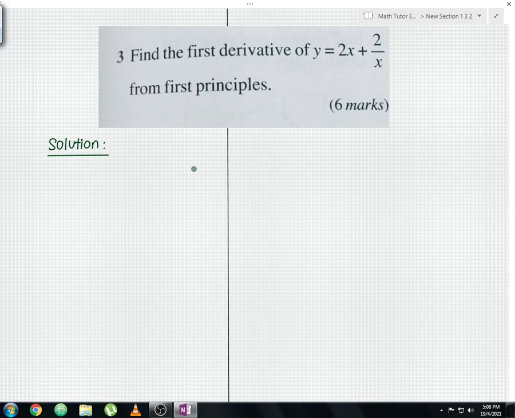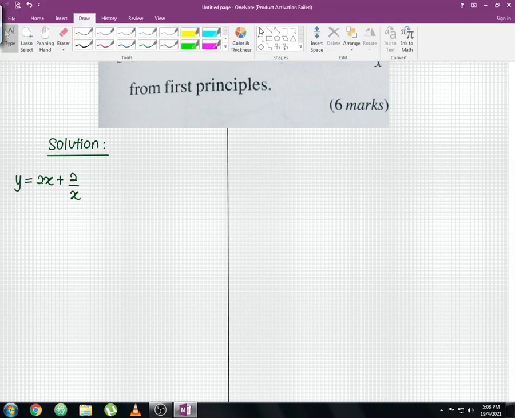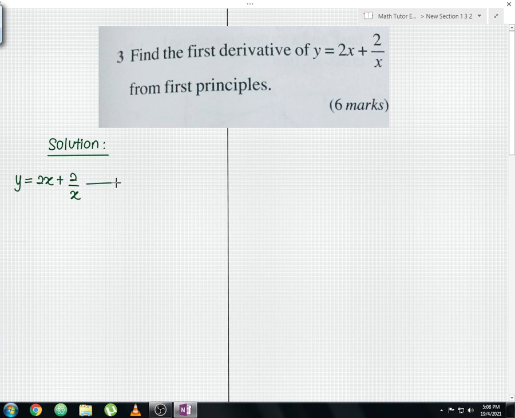To start off, I'm going to write the whole equation here. So y equals 2x plus 2 over x. This will be our equation number 1. Let me label this. So this is your first equation.